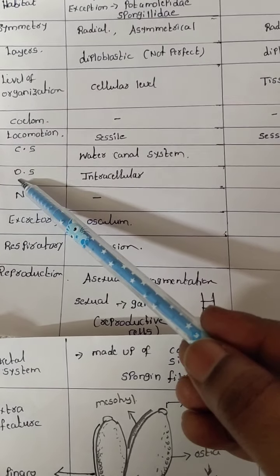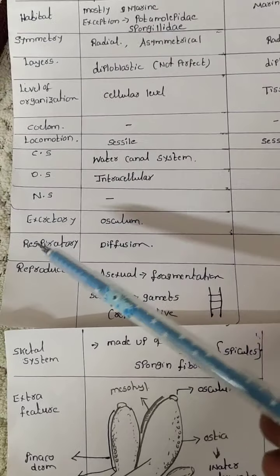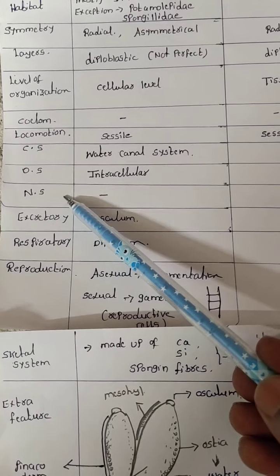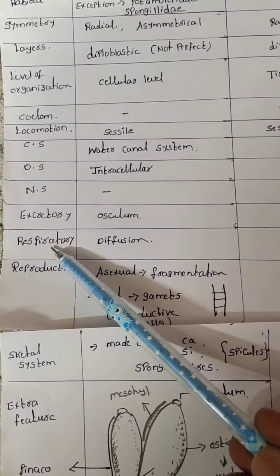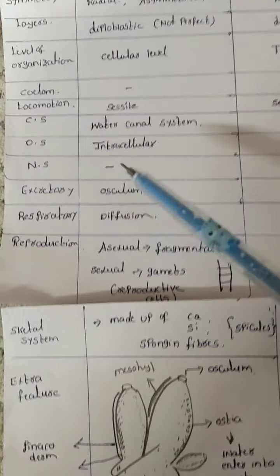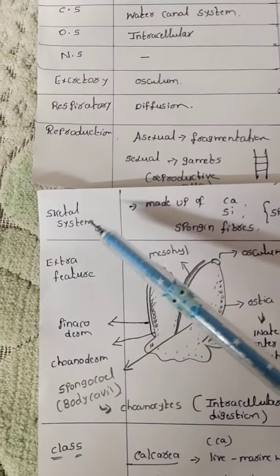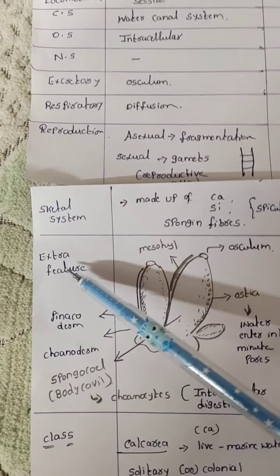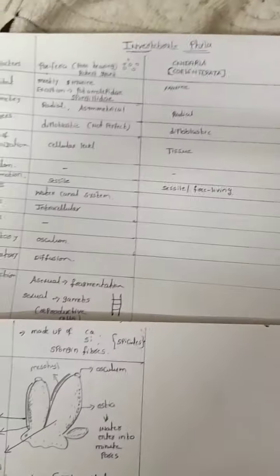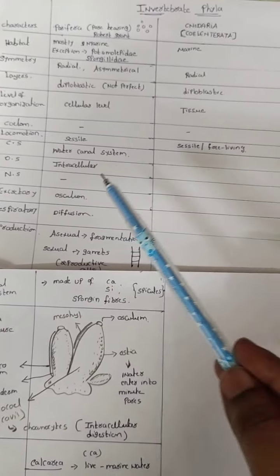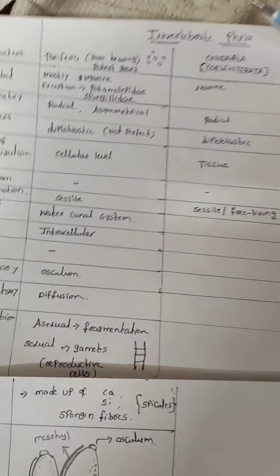This is DS, digestive system. NS, nervous system. Excretory system. Respiratory system. Reproduction. Skeletal system, extra features and classes. Okay, these are the characteristics for each and every phylum.